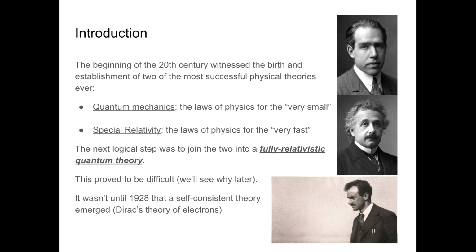Now, Dirac's theory, there's nothing wrong with it, but it's an effective theory. Okay, so it means there's nothing very fundamental about it. He just was trying to describe the physics of very fast electrons, and he basically just tried something out, and it worked. Okay, and it worked to describe the dynamics of an electron, but it also made a prediction of the positron, which is the antimatter particle of the electron.